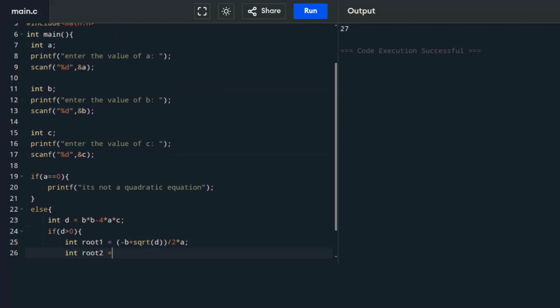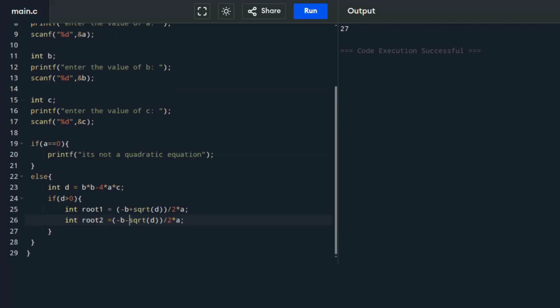All right, so we will write printf, the roots are real and they are percentage d comma percentage d, comma root 1, comma root 2.